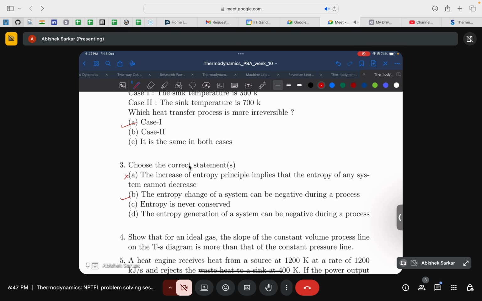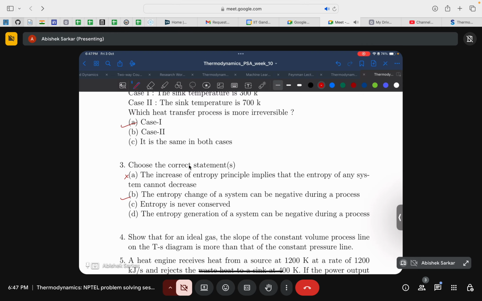But it is the entropy of the universe that has to always be positive, so the increase in the entropy of the surroundings will outweigh the decrease in the entropy of the system, giving a net increase in the entropy of the universe. That's why this statement is correct.